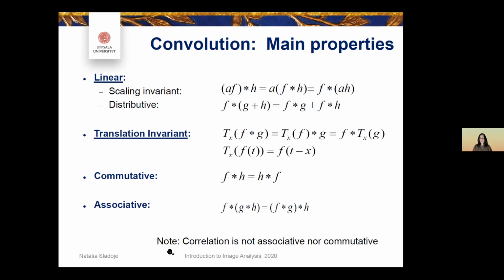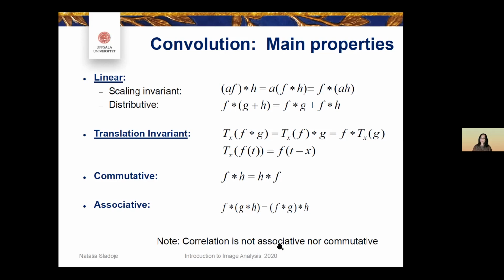Just to note, this list of properties, especially commutativity and associativity, are really important properties of convolution and are not shared by correlation. So correlation, even though it is very similar to convolution in terms of how it is computed, does not share the same nice properties.